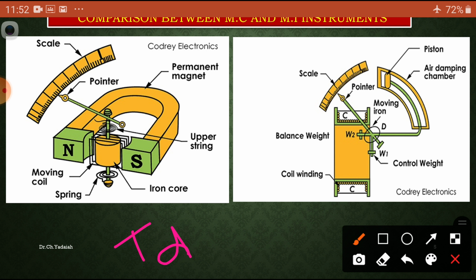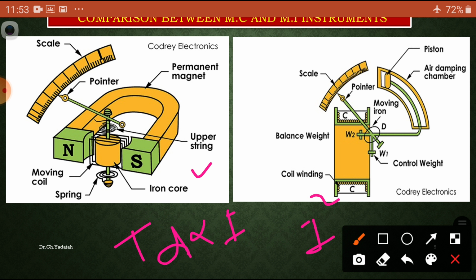What is the relation between deflecting torque and current? In the moving coil instrument, the deflecting torque produced is directly proportional to the current, but in the moving iron instrument it is directly proportional to the square of the current.